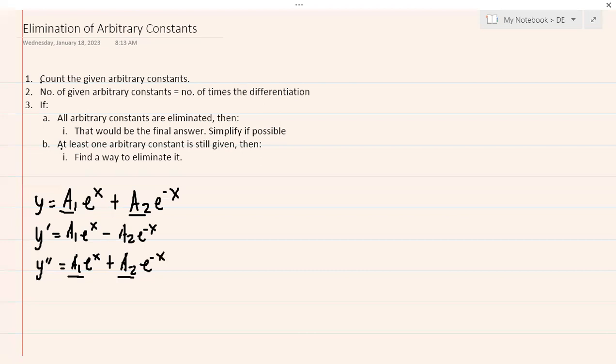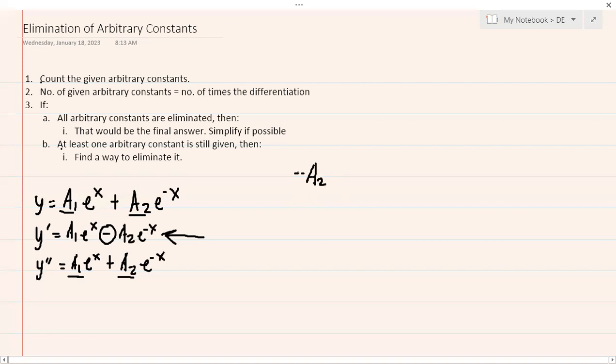Alright? So here, I pick one equation, then find a sub 1, and next I find a sub 2. By the way, in this second equation, you see minus a sub 2, right? Minus a sub 2 is the same as negative 1 times a sub 2.